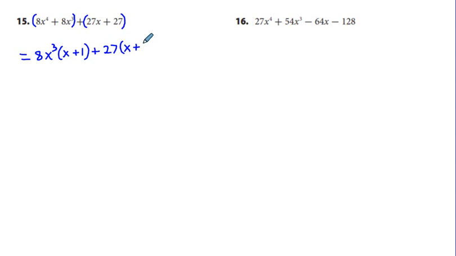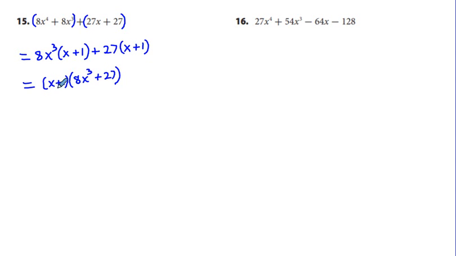So we're going to also have x plus 1. And so now we can rewrite this expression in factored form as quantity x plus 1 times quantity 8x cubed plus 27.